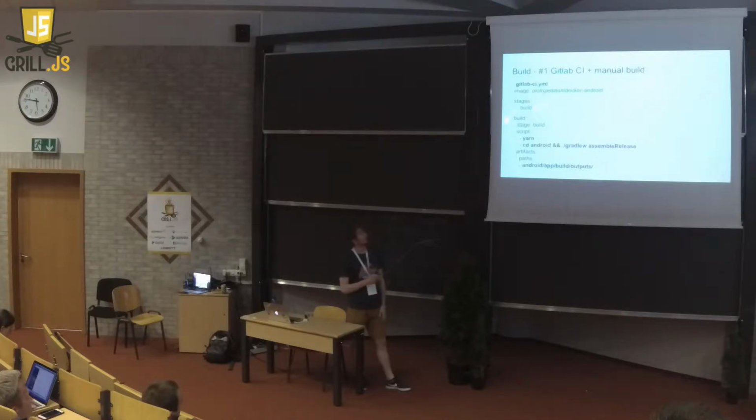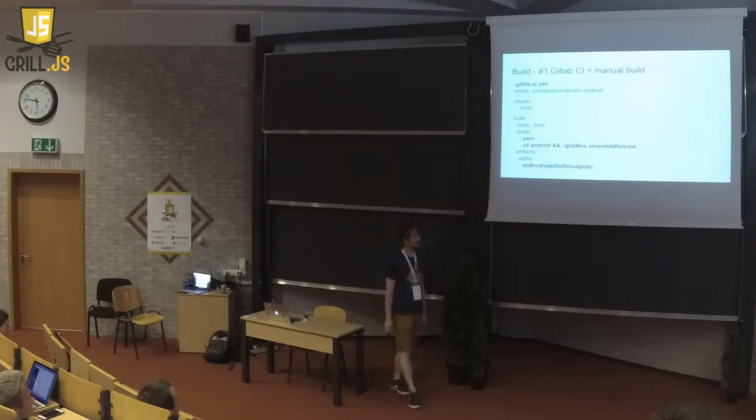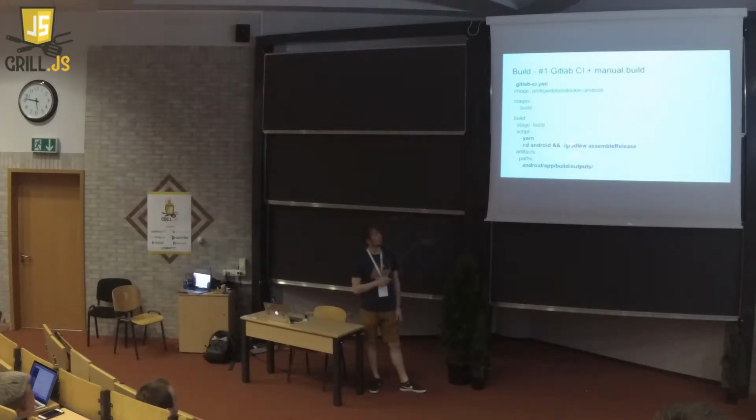And here we have the definition of the build stage and what it does. So if you are familiar with deploying React Native, you have to run either npm install or yarn, and then use Gradle, which is the Android tool, to assemble the release project.